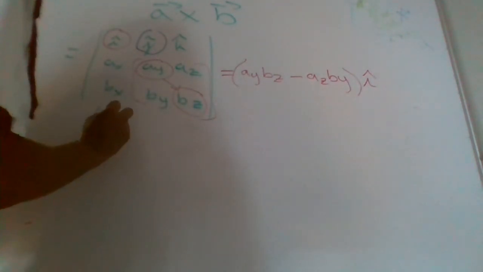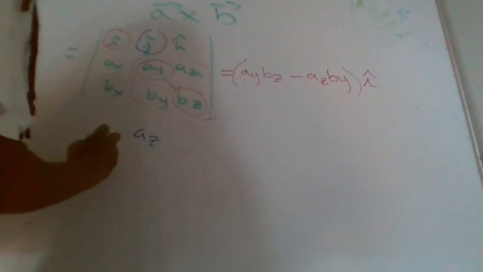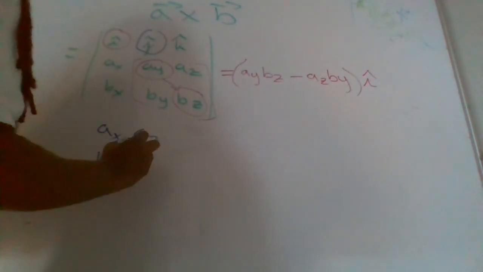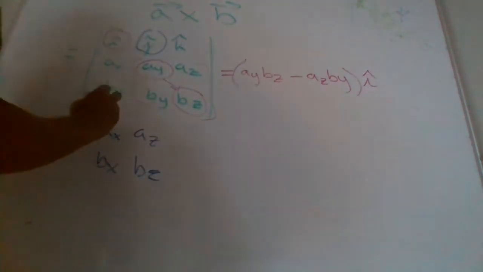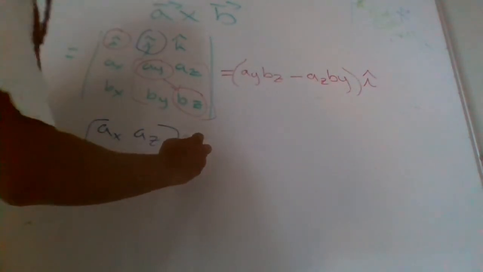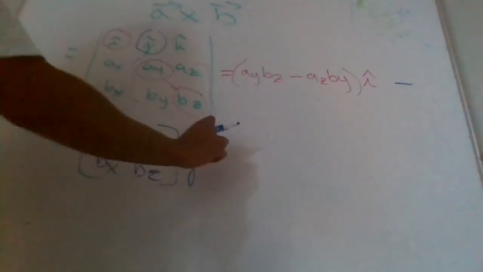So we're going to get a new matrix here of AX, AZ, BX, BZ, all times J hat. Now the only thing to remember that's special about J hat is that we're not going to add here. We're going to subtract. The J term is always negative. So we go, bam, negative 2 by 2 matrix J.